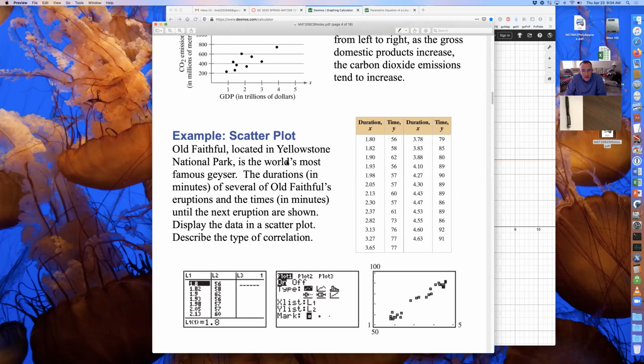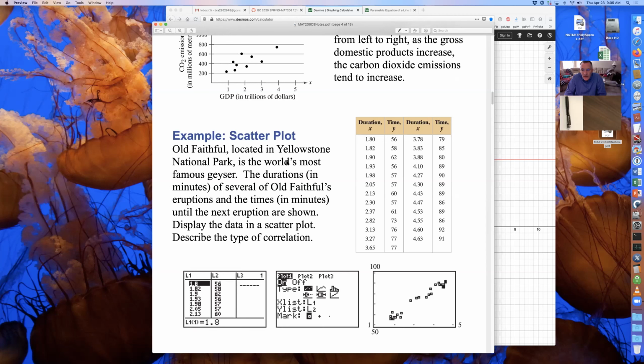So what they're saying is if you have a longer eruption, then it's going to take longer until the next eruption. Basically it sprays out all of its hot water, and then it doesn't have any left, so it takes longer to build up more steam.